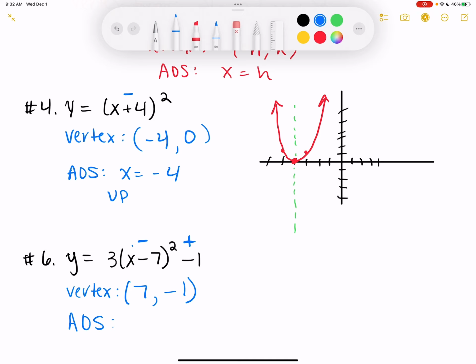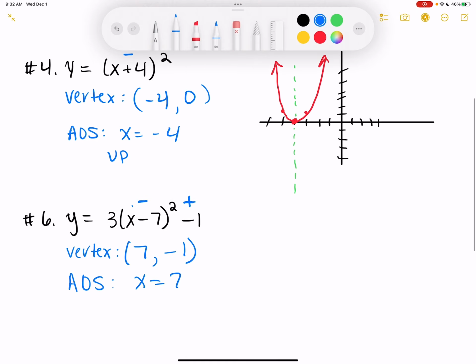So my axis of symmetry is where? 7. And is it going to open up or down? Up. All right, so I need to go pretty far over here.